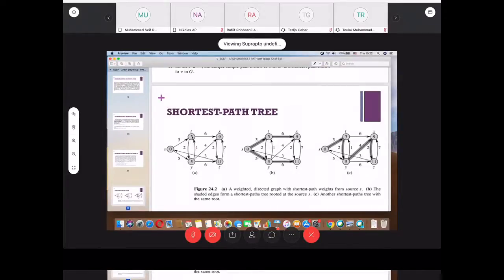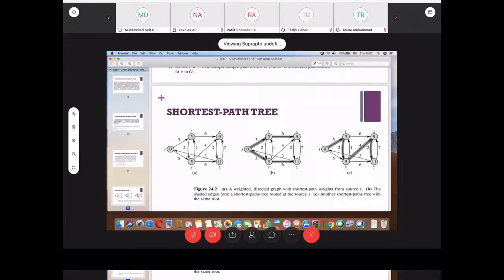In a circle is the shortest path from S to T, which is 3, because we choose this edge with weight 3. The path from S to T consists of one edge with weight 3. So the shortest path from S to T is 3, right?